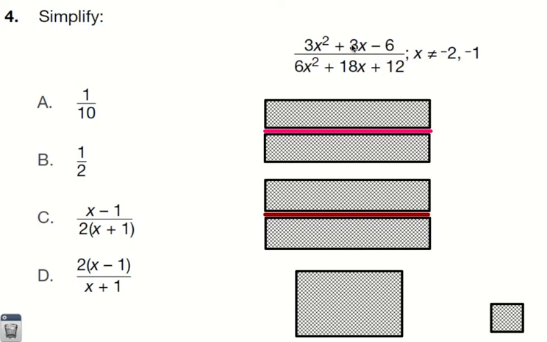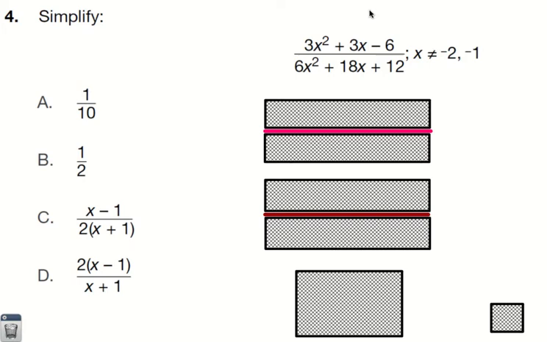So here's what you do. If you want to simplify this fraction, you can only cancel factors. So you should not do any canceling whatsoever, no simplifying, until you've tried to factor the numerator and factor the denominator.